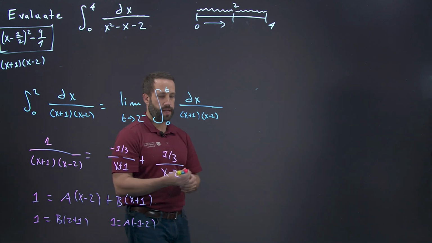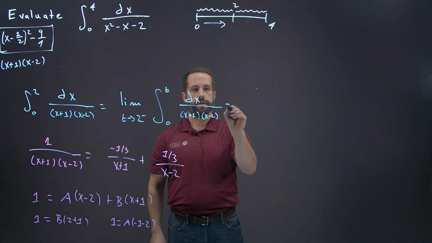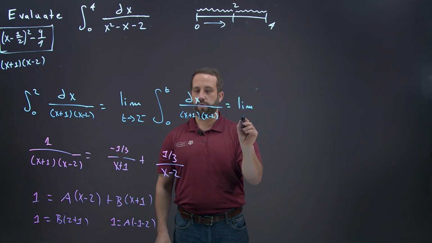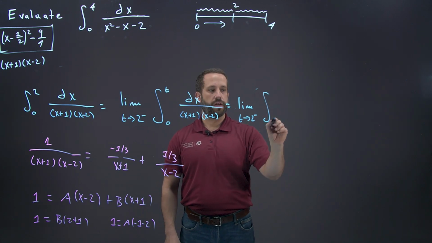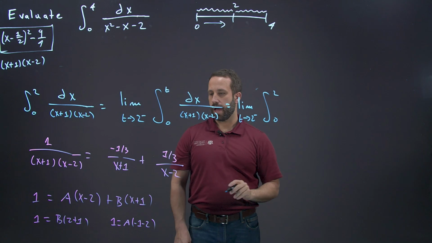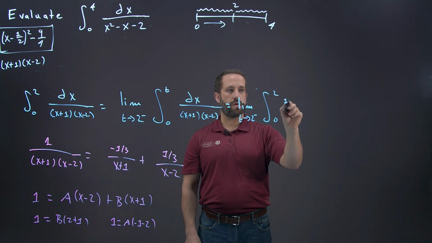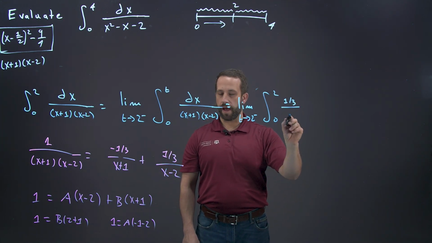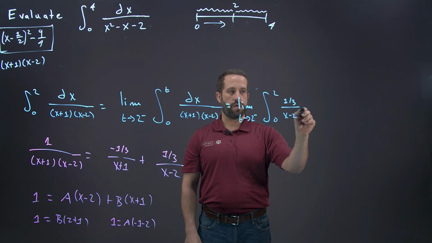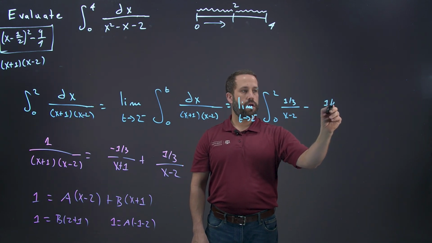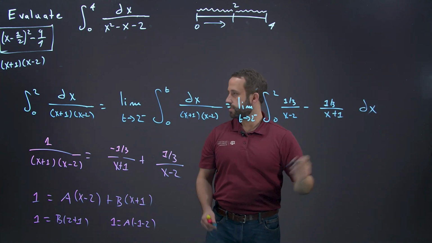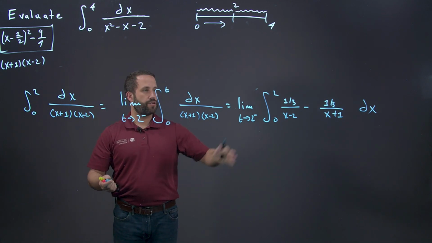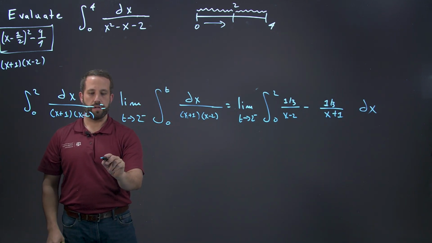And so this integral is equal to the limit as t goes to 2 from this direction, of the integral from 0 to t of 1/3 over x minus 2 minus 1/3 over x plus 1 dx. Now I'm just going to compute this integral.